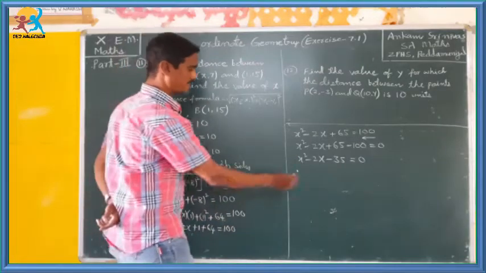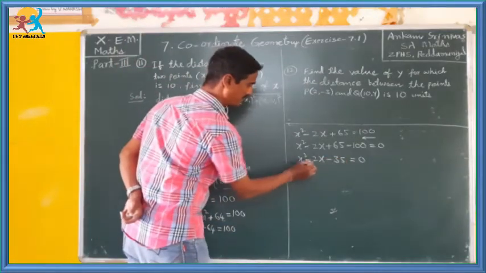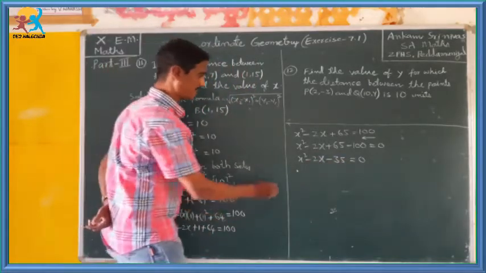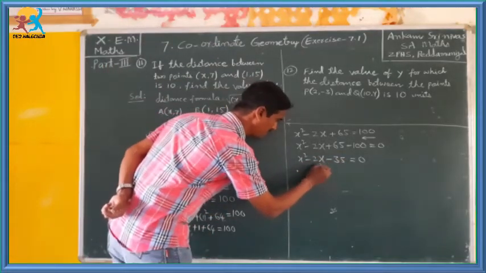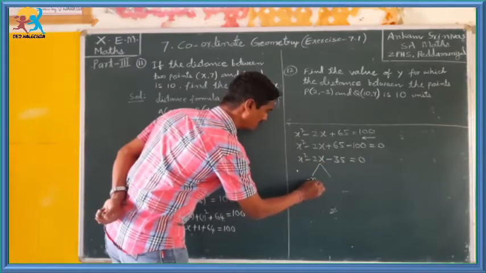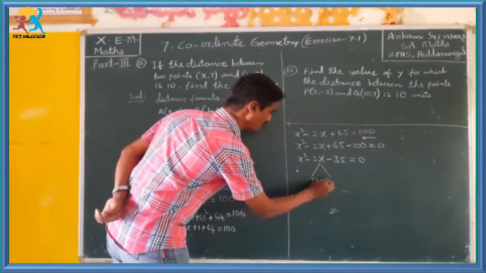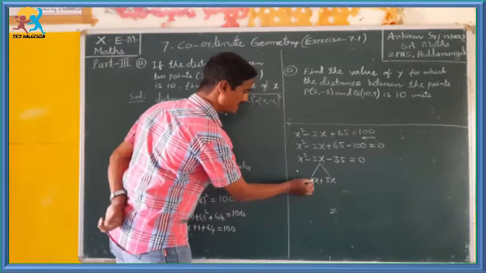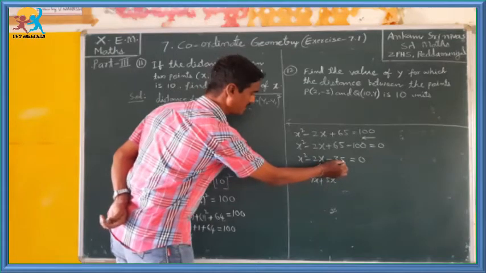Now factorize, x square minus 2x minus 35, with the splitting method. 2x you can write as minus 7x plus 5x, and minus 7 into 5 will give minus 35.